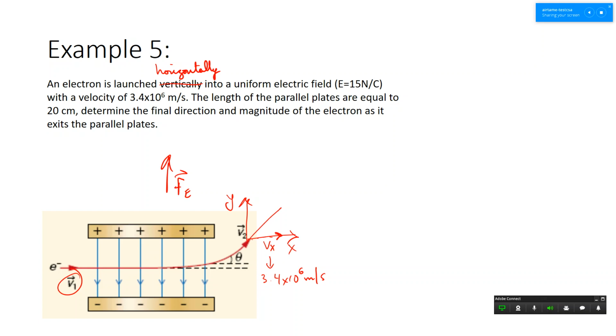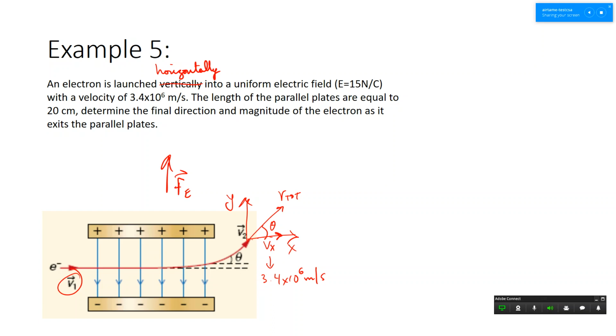And now my question is, I need to find this direction here, this angle, and I want to find the magnitude of my v total at the end. That's what I'm asking. So if I want to find my v total and I have my vx, what piece of information am I missing? Missing what? A and t. In order to find what though?